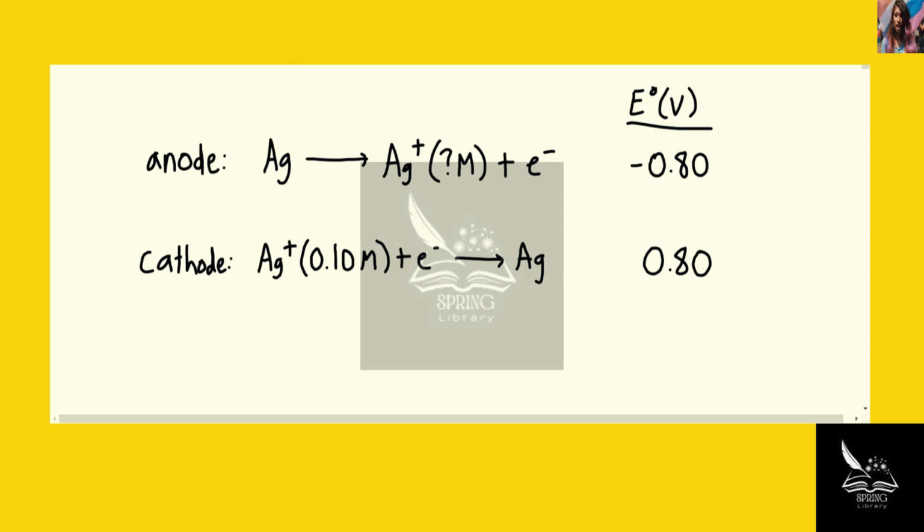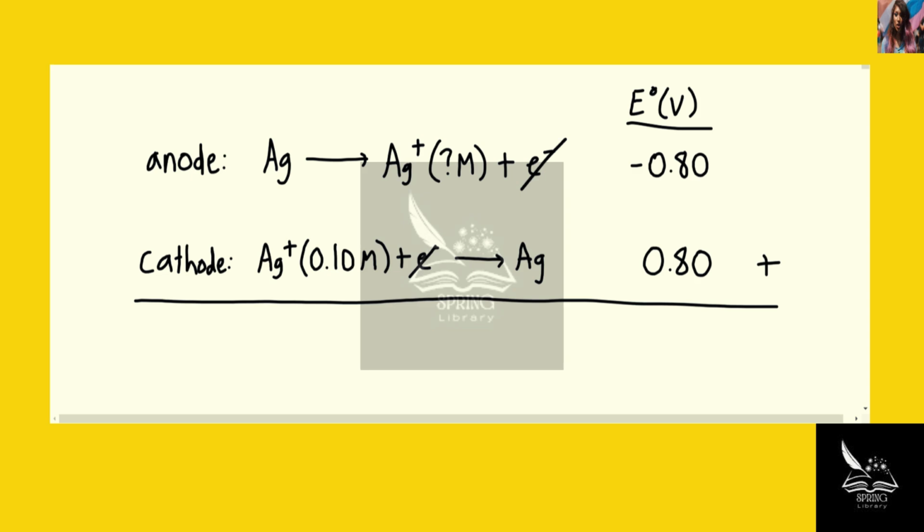Based on the information in the problem, we are given the value of the concentration for Ag+ ions in the cathode. And in part A, we want to determine the same for the anode. So we know that these are the two half reactions, the same half reaction taking place since this is a concentration cell. However, one is undergoing oxidation and the other one is undergoing reduction.